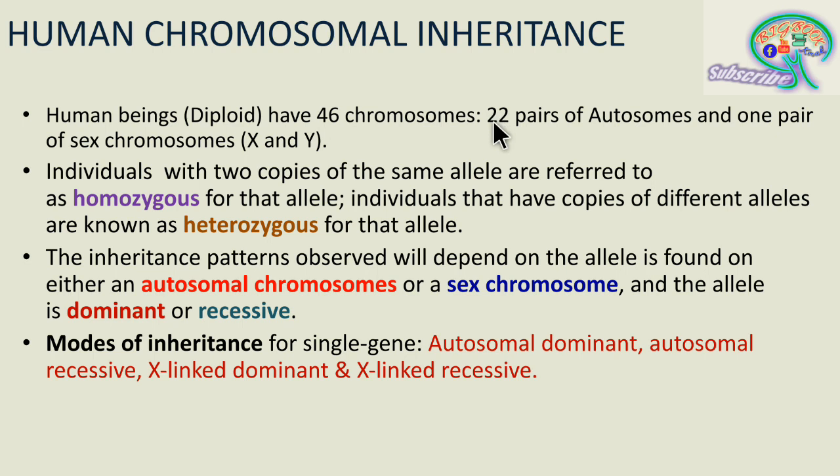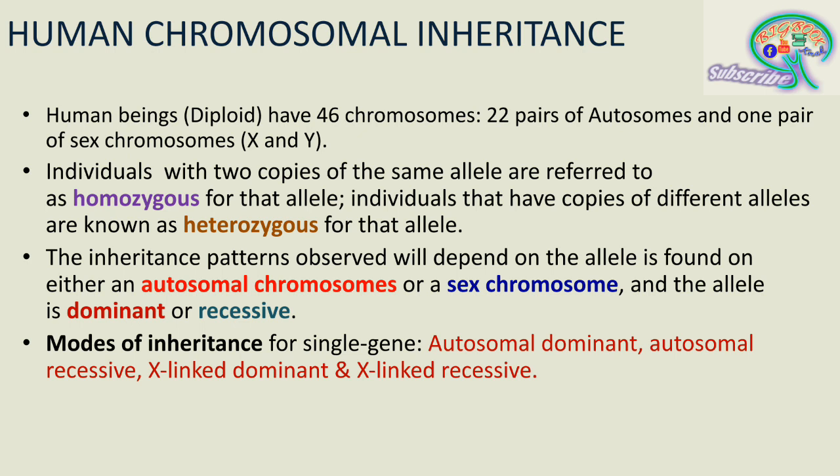Each pair of autosomes has its own number of genes which are linearly arranged on them. When they are linearly arranged on these homologous pairs, they may have the allelic form either as the homozygous type or the heterozygous type. The homozygous type can be dominant or recessive.